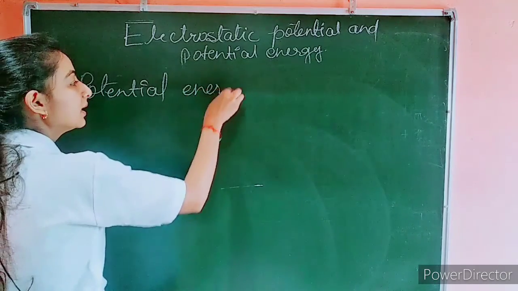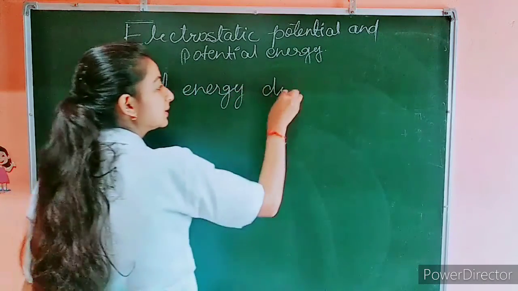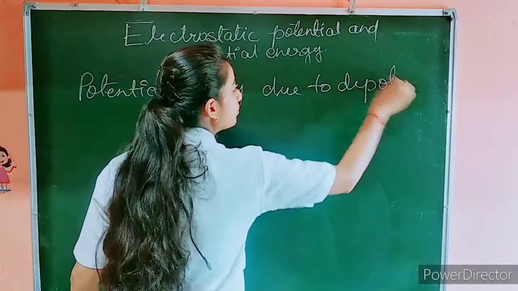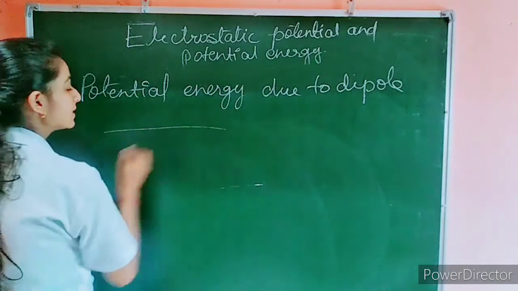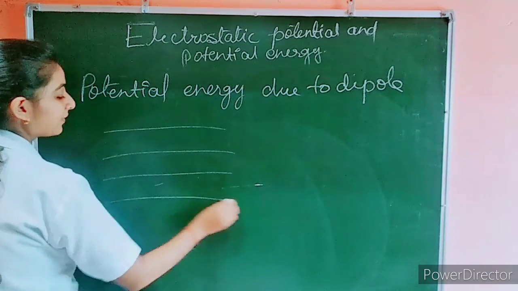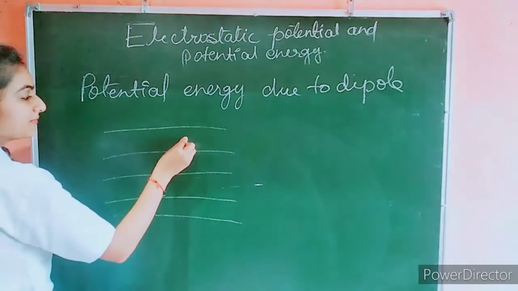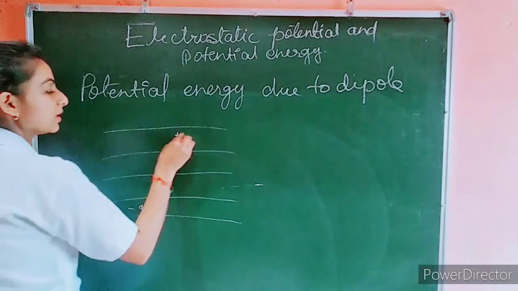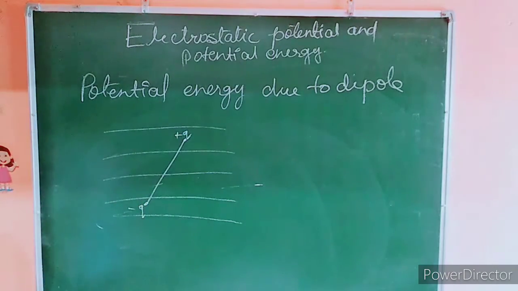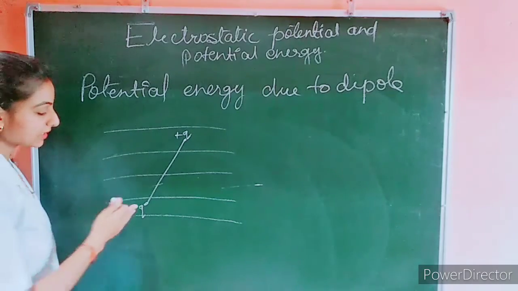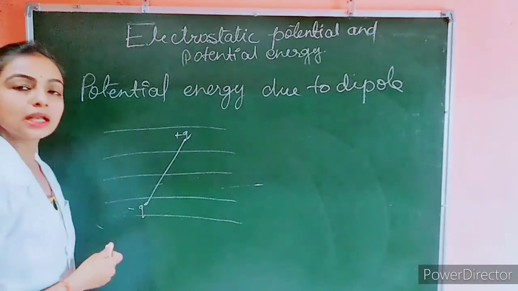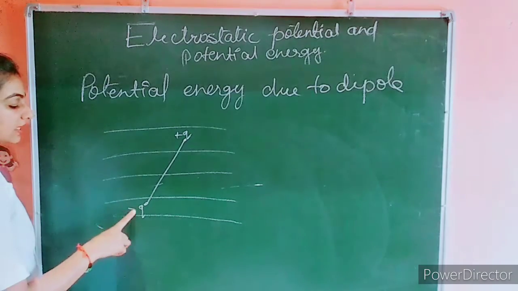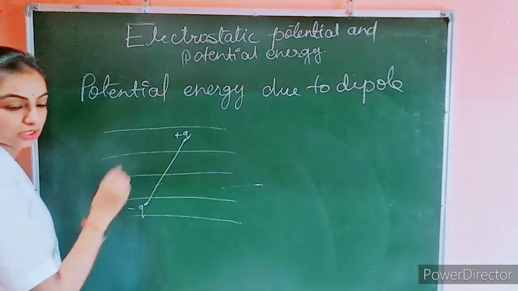Now if we are considering an electric field, in this we consider a positive and a negative charge, because in a dipole we are considering equal charges at a distance in opposite directions. So in a dipole we are considering a minus Q and a positive Q charge.